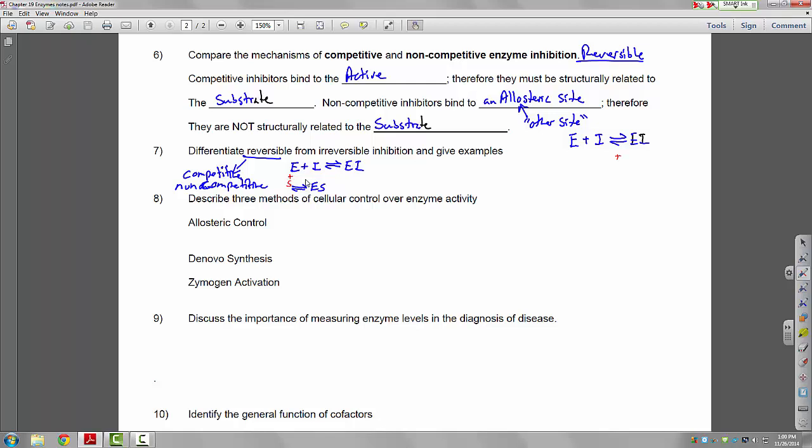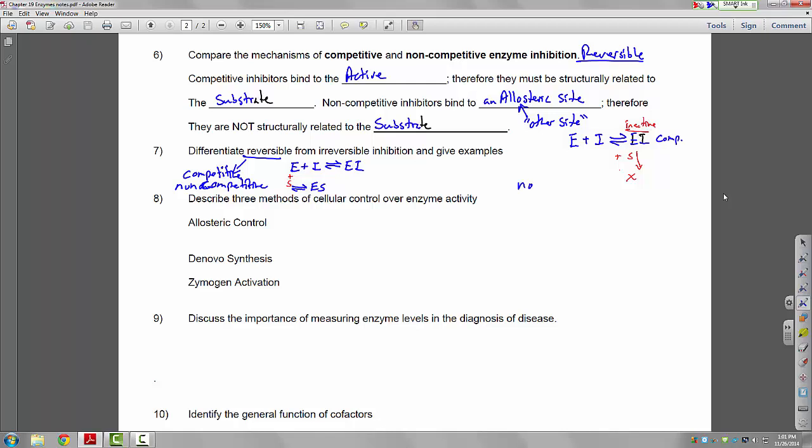So we can add substrate here, nothing happens. So the competitive inhibitor is binding the active site in the enzyme, which means the substrate can't bind it. So this is inactive. Okay?